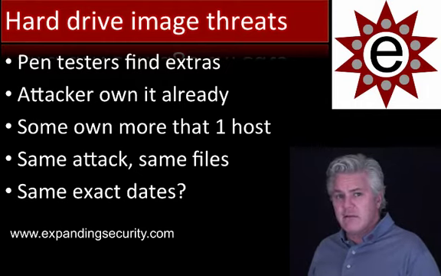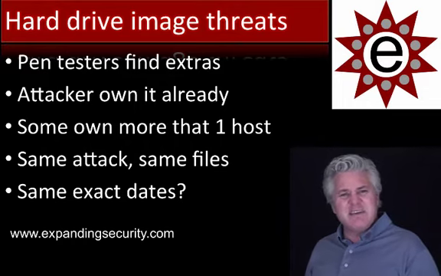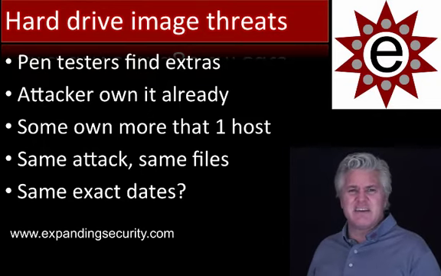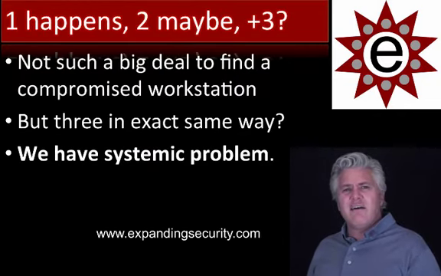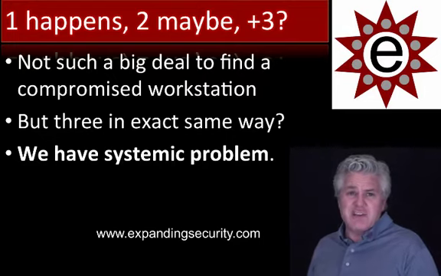Sometimes they own more than one host on the network, and we look around and we see the same attack, the same files, the same exact dates. That's kind of curious. Now, it's not such a big deal to find a compromised workstation on a network. I mean, it happens. In larger networks, you're going to have a compromised host.